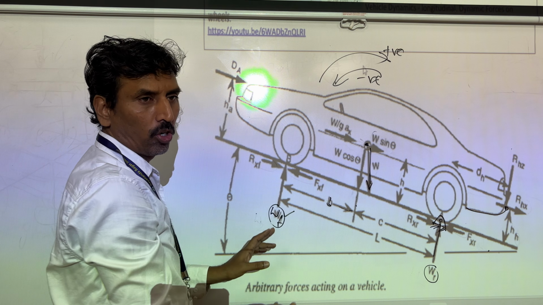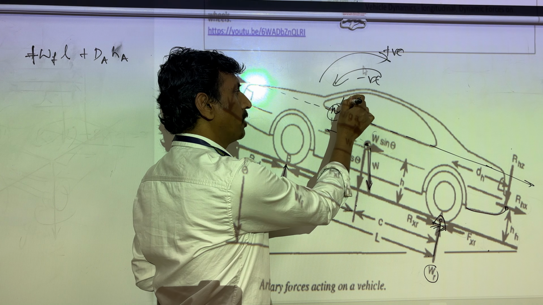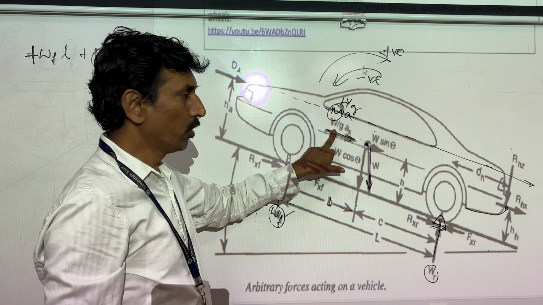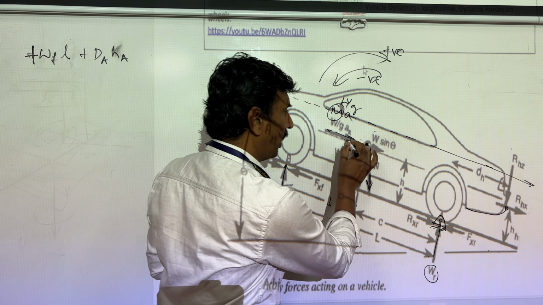And then we have a force which is acting like this. This is M into A, but M is written as W by G. So this is acting like this about the rear axle, trying to rotate the vehicle in this way. What is the force and what is the distance? Force is W by G times H. So that is also plus: W by G times H, where H is the height of the center of gravity.